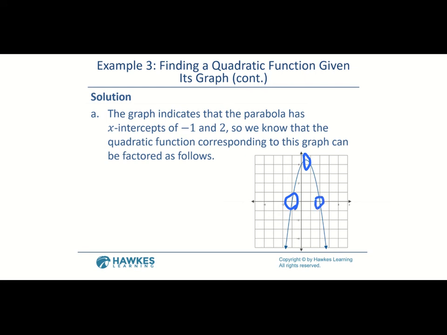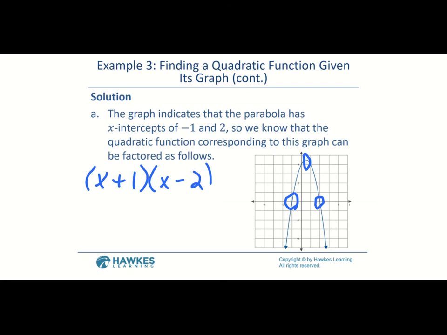So remember before we factored, and that was how we found our x-intercepts. If it crosses over at -1 and 2, that means that this parabola can be formed with x plus 1, because remember it would be the opposite, times x minus 2, because if I were to solve those, they would give me the opposites of each.